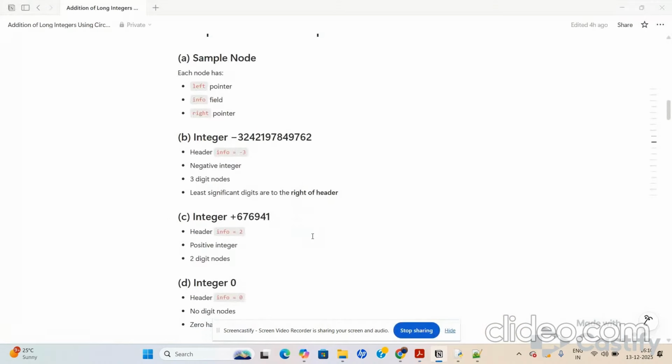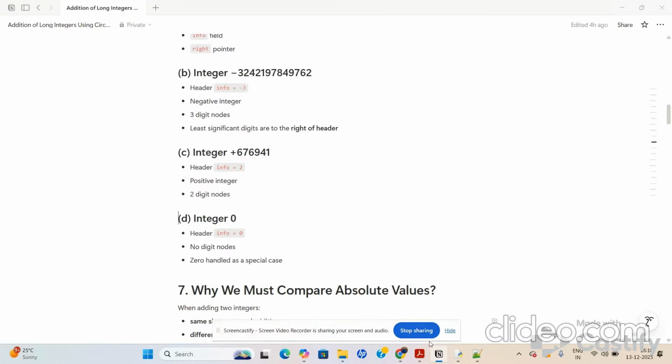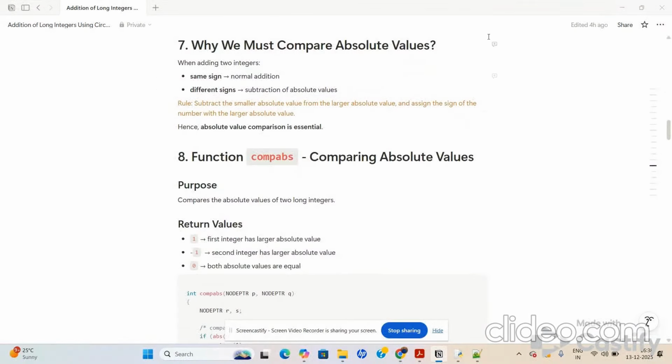Fine. So we need to understand why we need the comparison of absolute values. If you remember, initially we discussed the problem statement that you're going to subtract a smaller magnitude number from a larger magnitude number, correct? Let's say you have two integers.